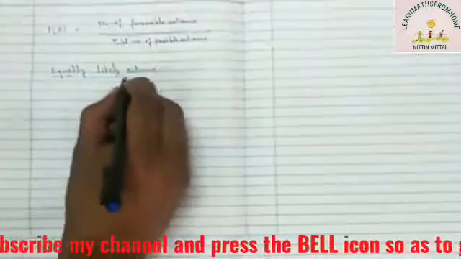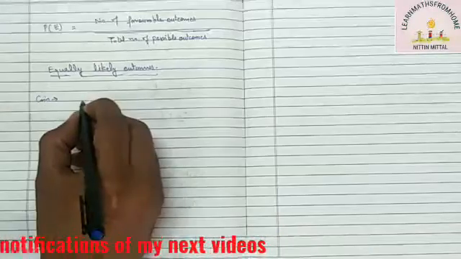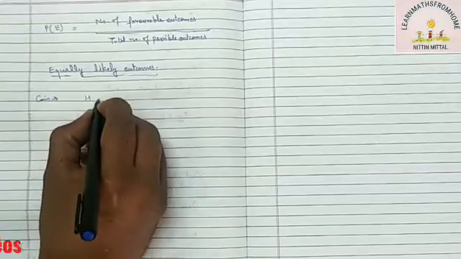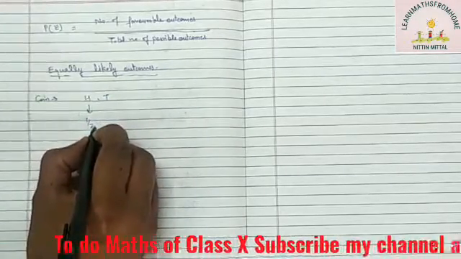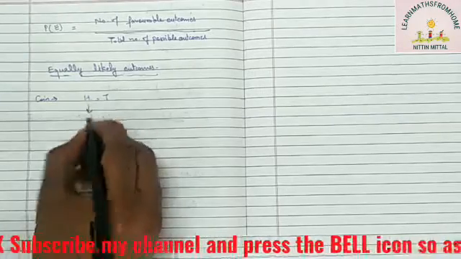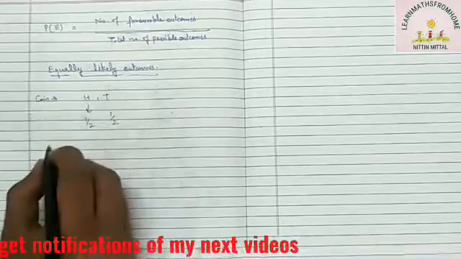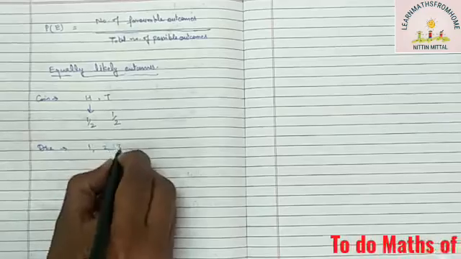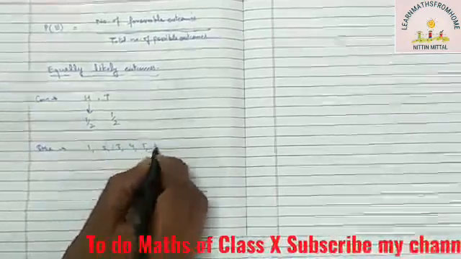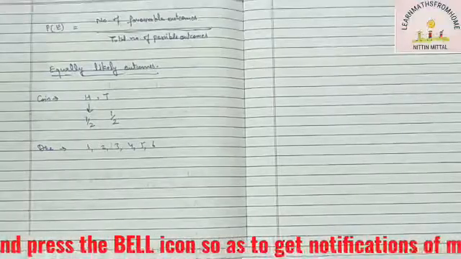Now it is very important to understand this. In case of a coin, the possible outcomes are head or tail. Probability of getting head is 1 by 2, 1 favorable over total 2, and getting tail is also 1 by 2. So these are said to be equally likely. Same in case of a dice. There are 6 elementary events in case of a single dice, 1, 2, 3, 4, 5, 6.